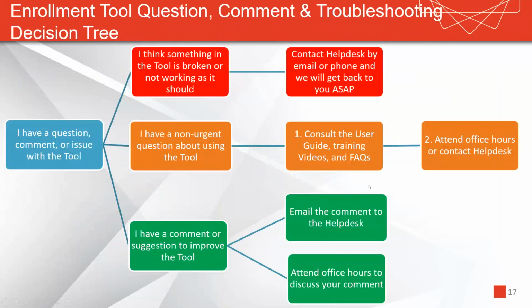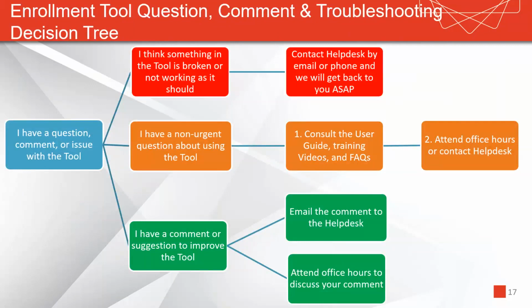So here's a kind of a decision tree to help you figure out who to contact or what resource to consult if you have a question or comment or issue with the tool. So if something is broken or it's not working as it should, that is an urgent issue, and we want you to contact the help desk by email or phone, and we'll get back to you ASAP with an answer or solution.